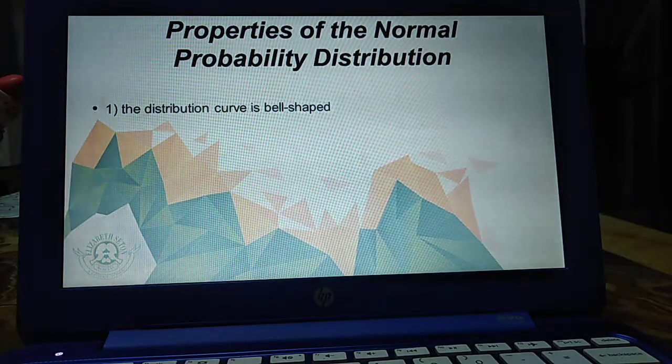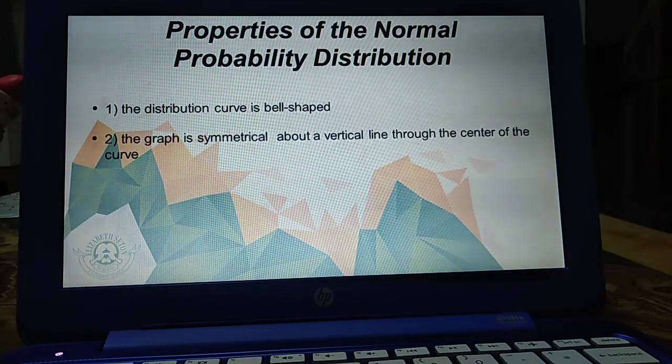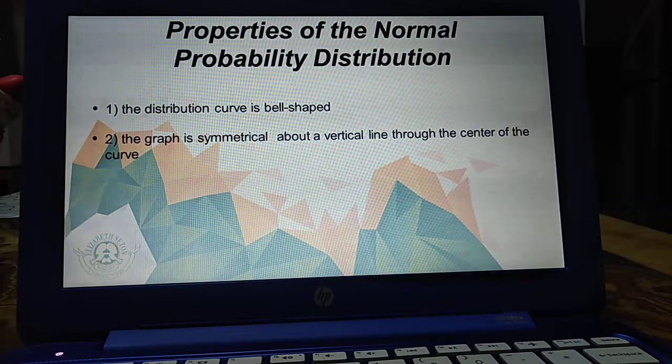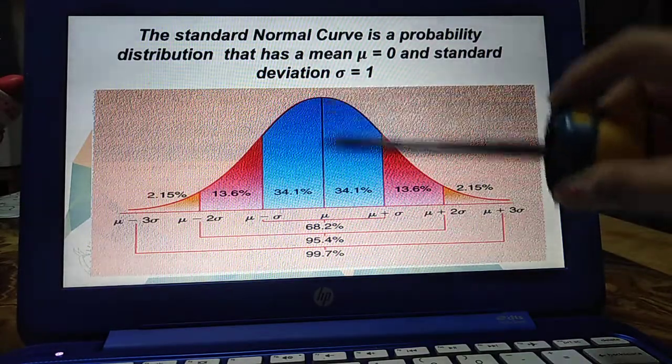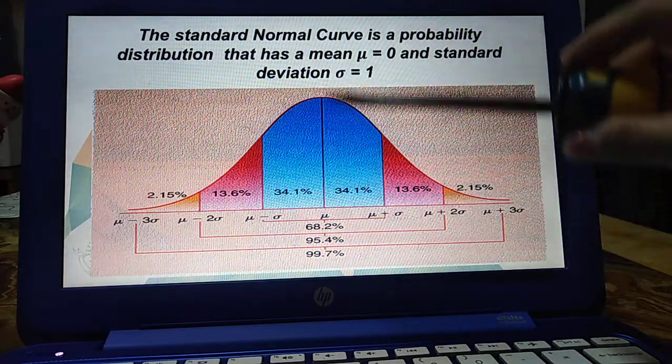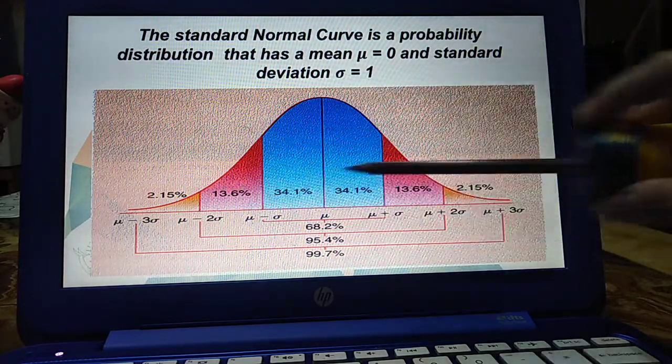Okay, so what are the properties? First, as we can see, the distribution is bell-shaped, always bell-shaped. Second, the graph is symmetrical about a vertical line through the center of the curve. So if we go back to our distribution, you're going to notice that our normal curve is symmetrical.